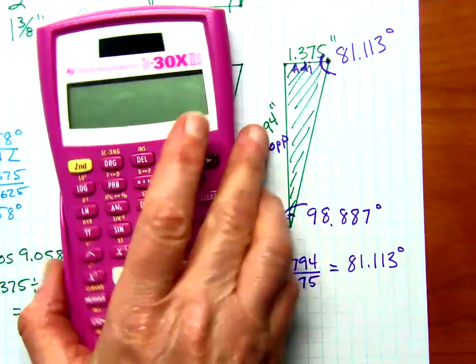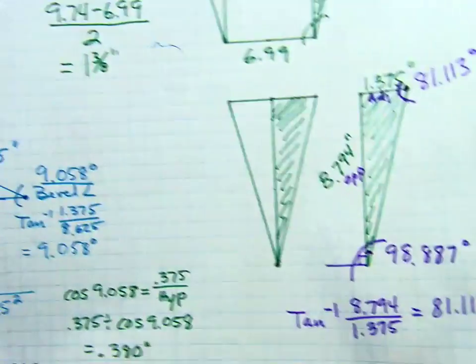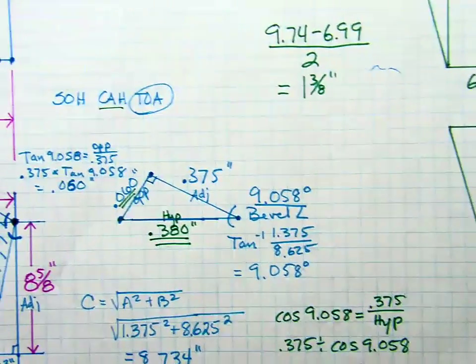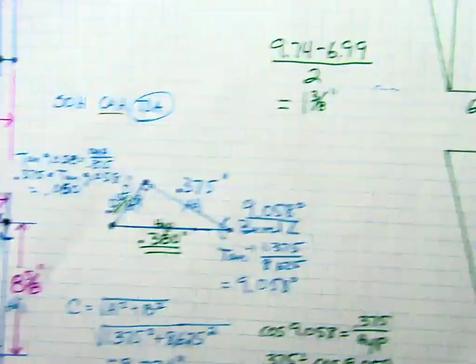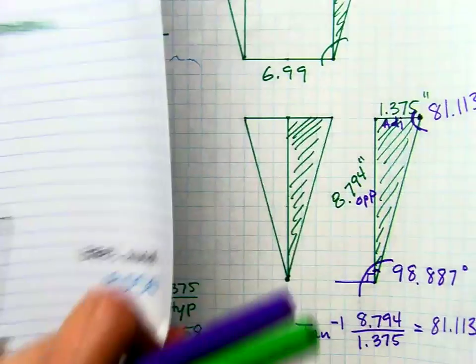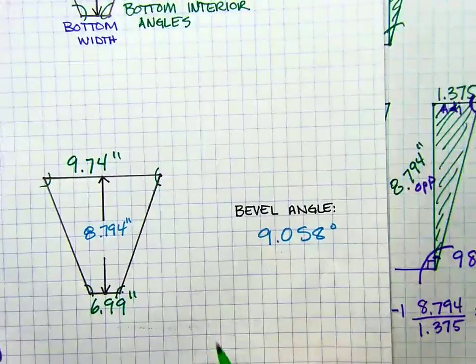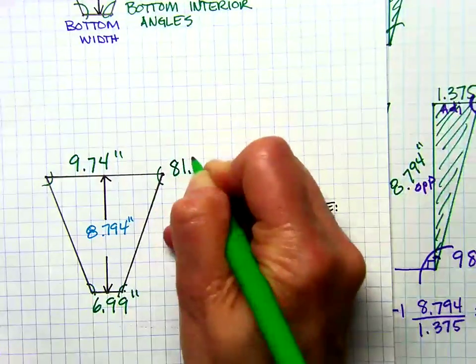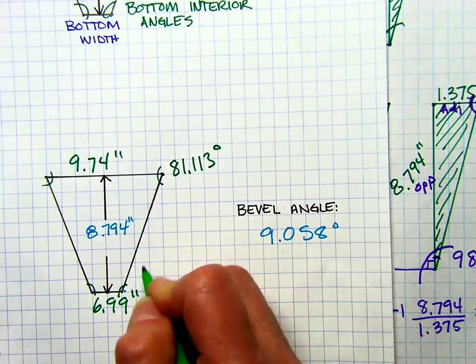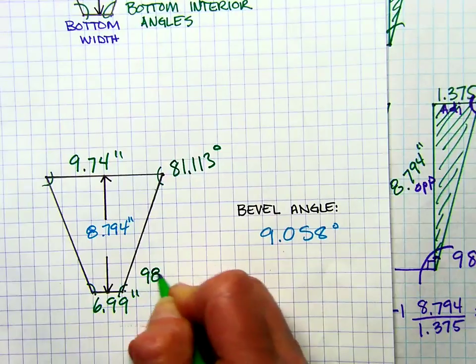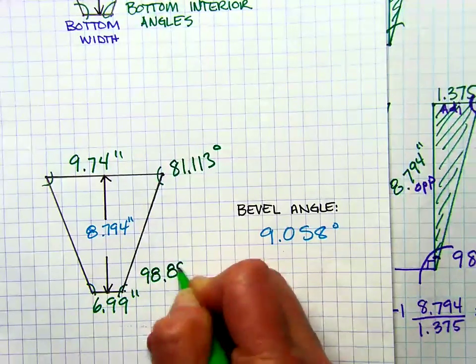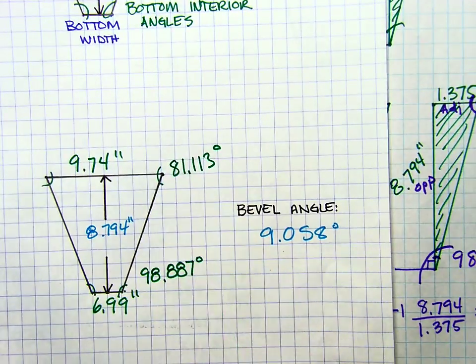For the purpose of the homework, like I said, you're going to write out your answers in a certain way. So first, before I do that, let me just plug in this information. My top was 81.113 degrees. The bottom was 98.887 degrees.